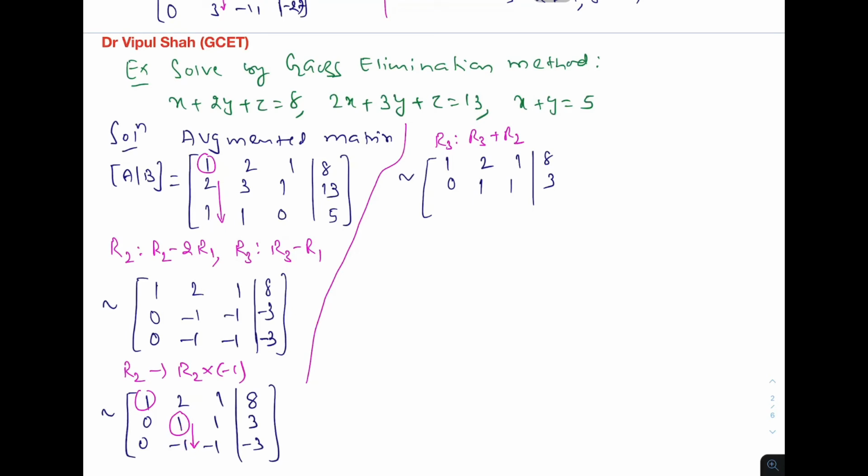Now we just add this row, so that will be 0 0 0 0, which is in row echelon form.